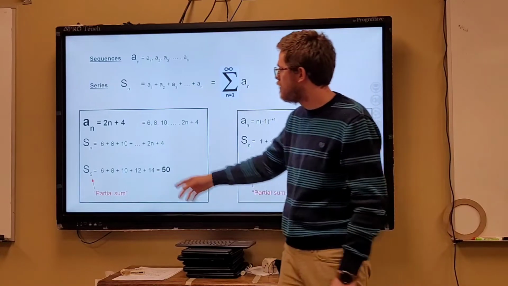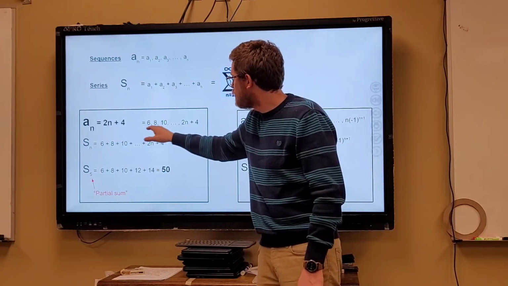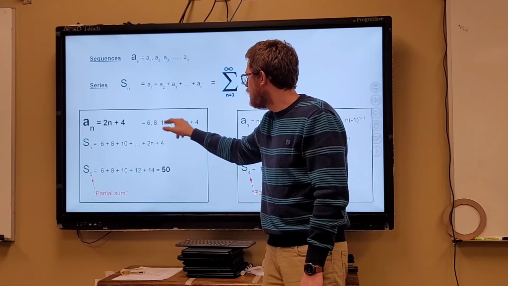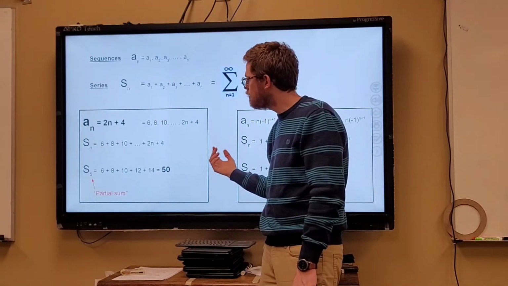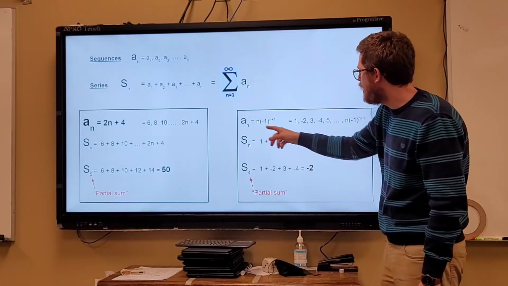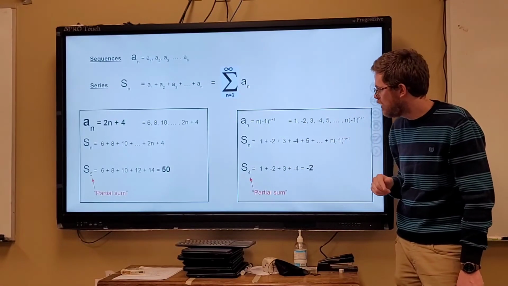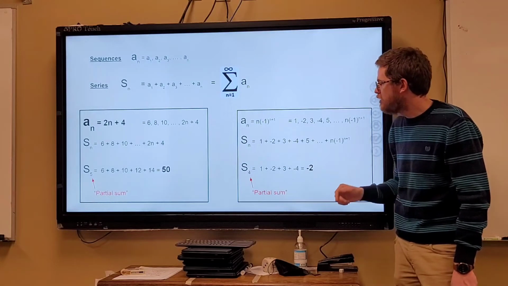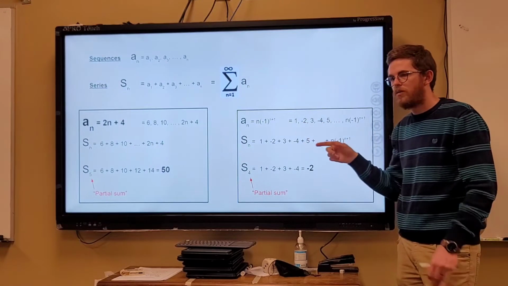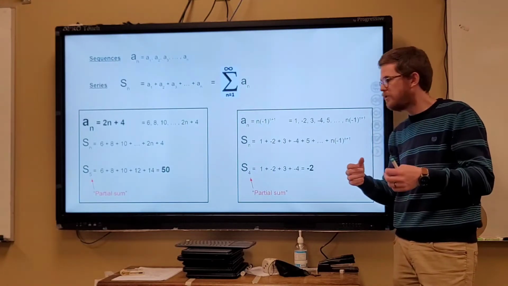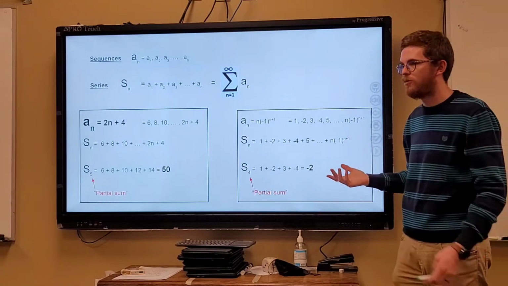So we can have a sequence that's just nice, consistent, 6, 8, 10, very predictable like this. We could also have a sequence that changes signs: positive, negative, positive, negative, positive. That's possible as well.